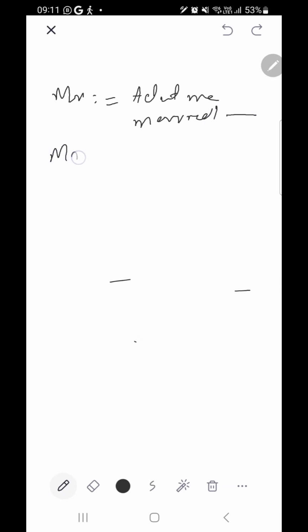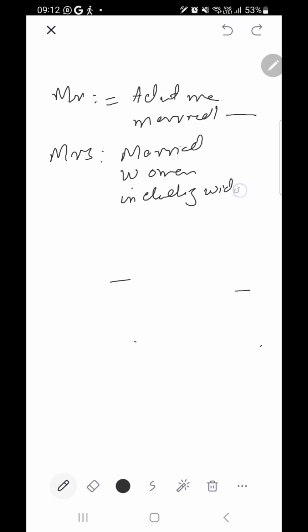Yeah. A commonly asked question is when to use Mr. and Mrs. So we use Mr. for an adult man, married or single man as well. Mrs. is used for a married woman, including widows.